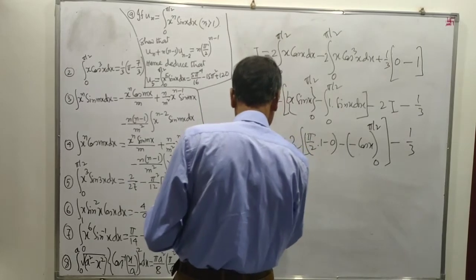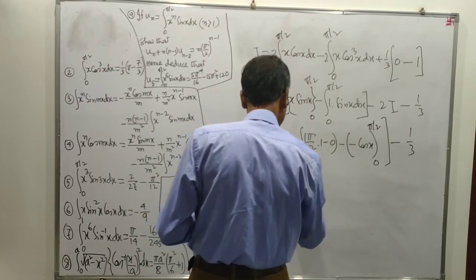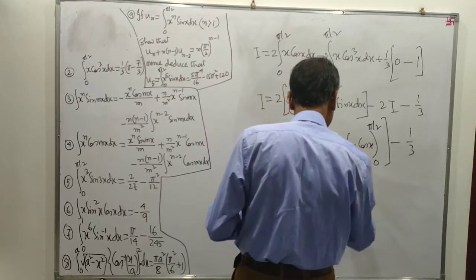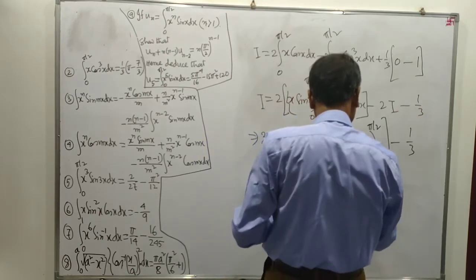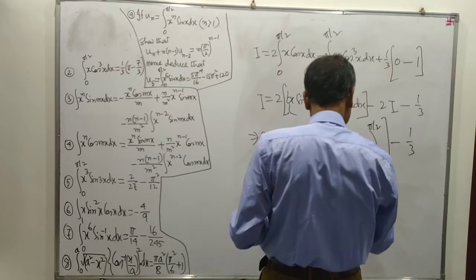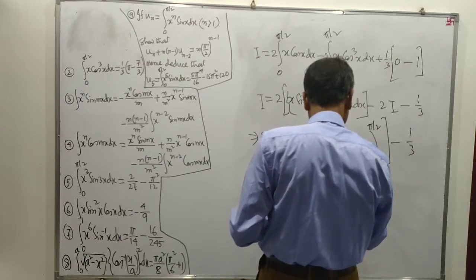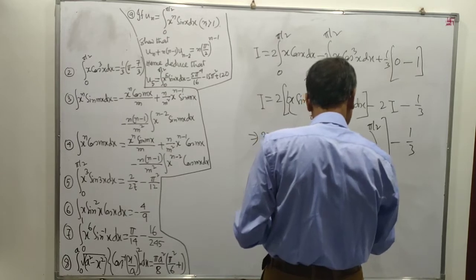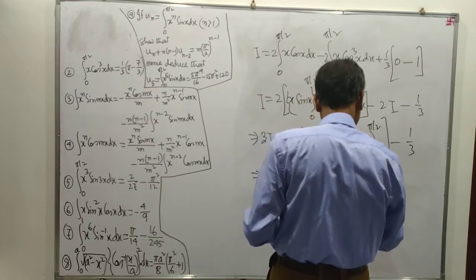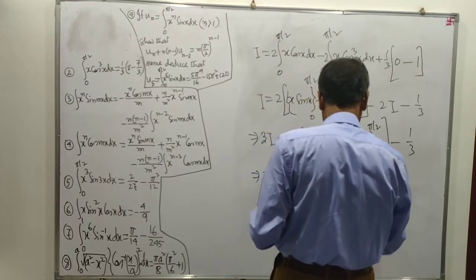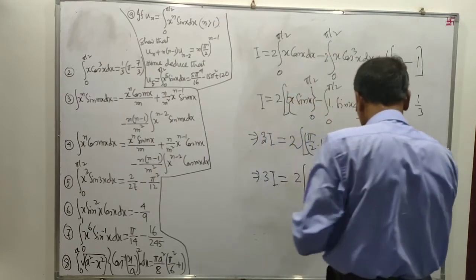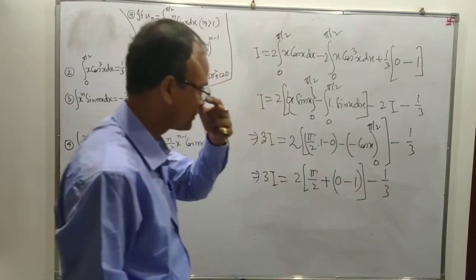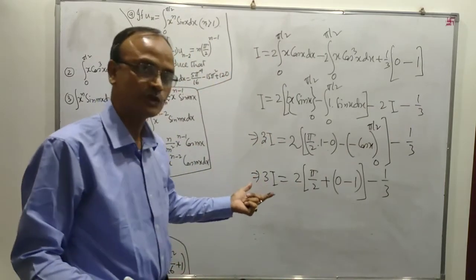This means 3I equals 2 times pi by 2 minus, you write it as plus cos pi by 2 equal to 0 minus 1, minus 1 by 3. You may write like this. Cos pi by 2 equal to 0.